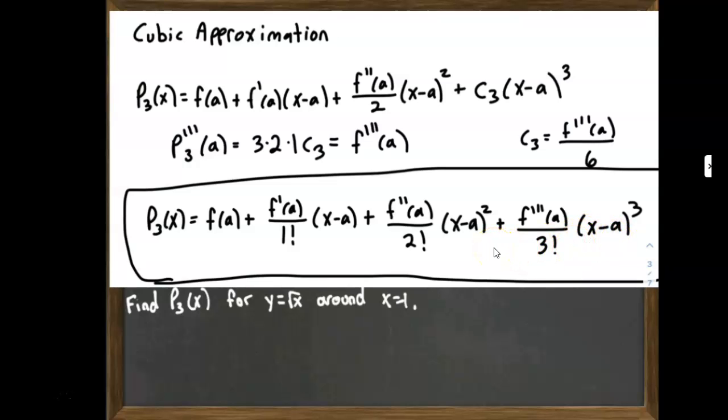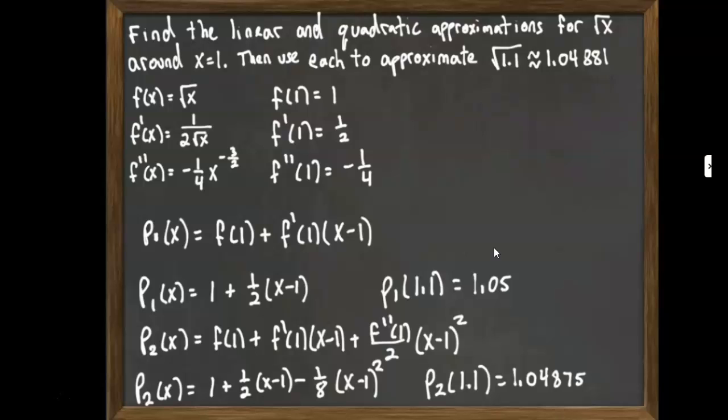So remember, we had, from just a little bit ago, that the second derivative was negative 1/4 times x to the minus 3 halves. So we go ahead and use the power rule again. So we would multiply by negative 3 halves. So the negatives would cancel out, and we would have 3/8 x to the negative 5 halves.